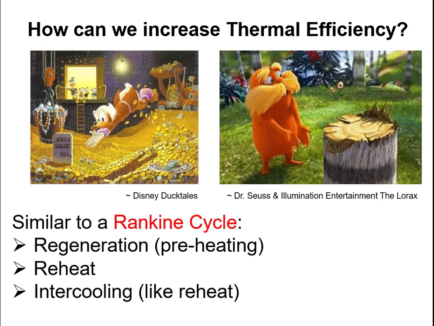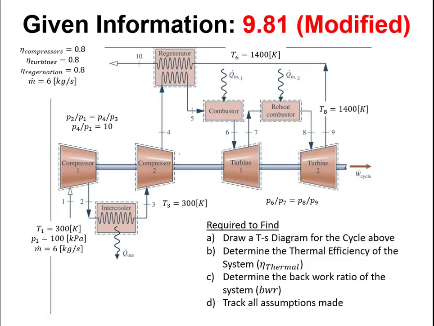Something that's new in Brayton cycles is that we can do intercooling as well. We didn't do this in Rankine cycles because it doesn't take very much power to increase the pressure of a liquid like we have in a Rankine cycle. But in Brayton cycles, intercooling becomes important because it does take a reasonable amount of work to compress a gas.